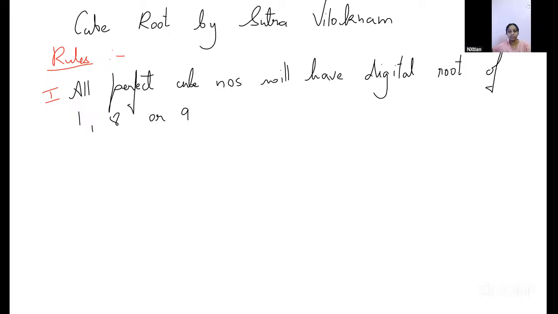All right? Now, what's the second thing that we consider? The second thing is the arrangement. How do we do the arrangement? We arrange in groups of three from the right side.